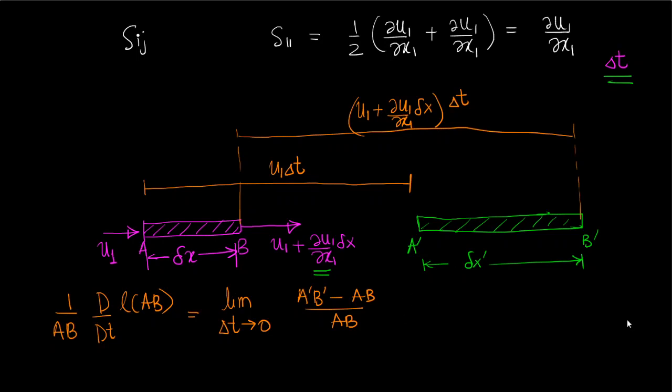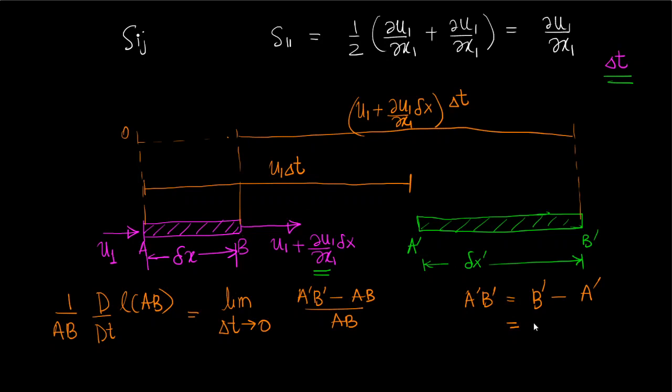Now what is A prime B prime going to be? It is going to be the coordinate of B prime minus the coordinate of A prime. What is the coordinate of B prime? If I consider this to be the origin, it is the coordinate of B plus the shift from B to B prime.